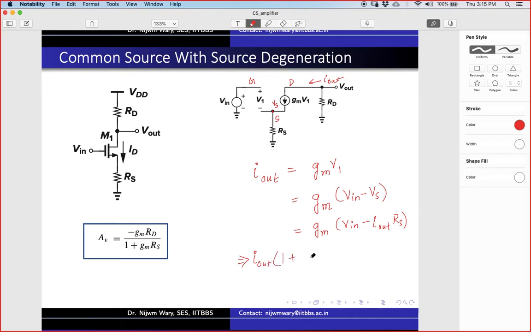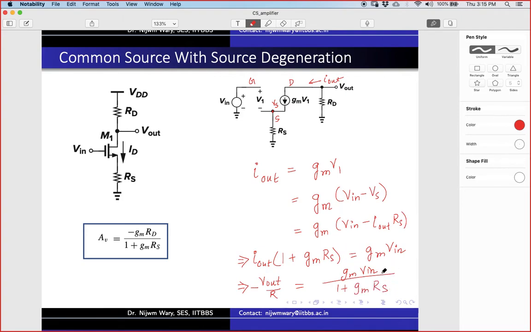So 1 plus GmRs is equal to GmVin. And I out I can write as minus Vout by RD. And I can take this to this side, so in the denominator, GmVin by 1 plus GmRs.